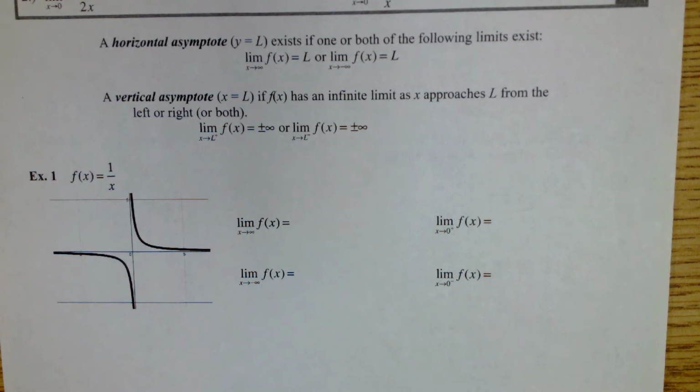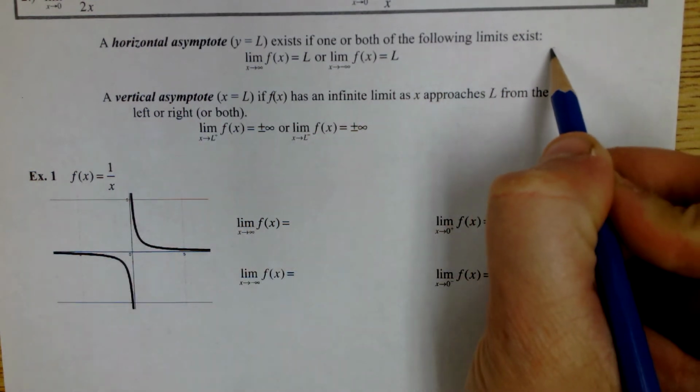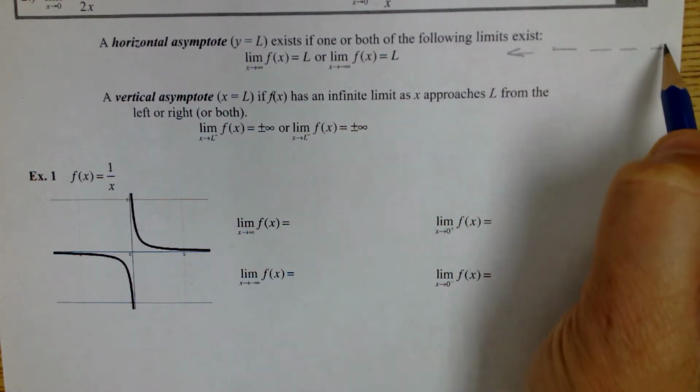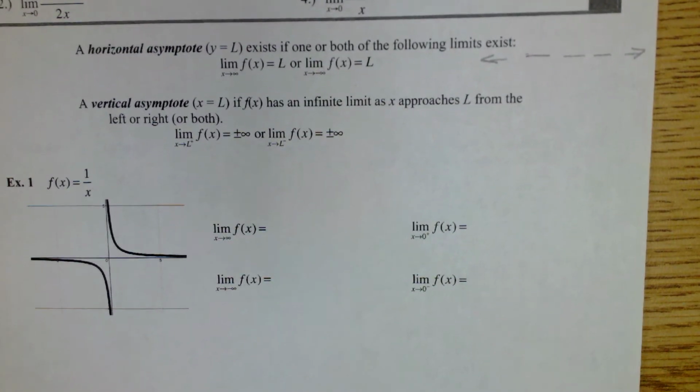So if you visualize what a horizontal asymptote looks like, a horizontal asymptote is going to come across this way in general. To identify them, we're going to look at the end behavior on the right or the left.